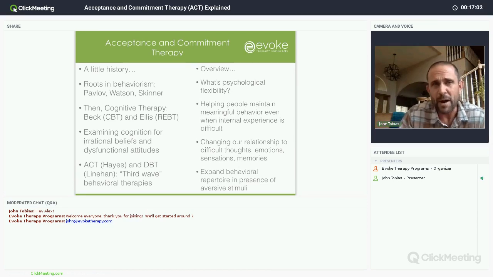And then in about the 1980s, the third wave of behavior therapies came along, and that's where ACT comes onto the scene in about the mid to late 1980s. And a guy by the name of Stephen Hayes is considered the founder of ACT, although there were others that worked with him, but he's really, I think, considered the founder of ACT.